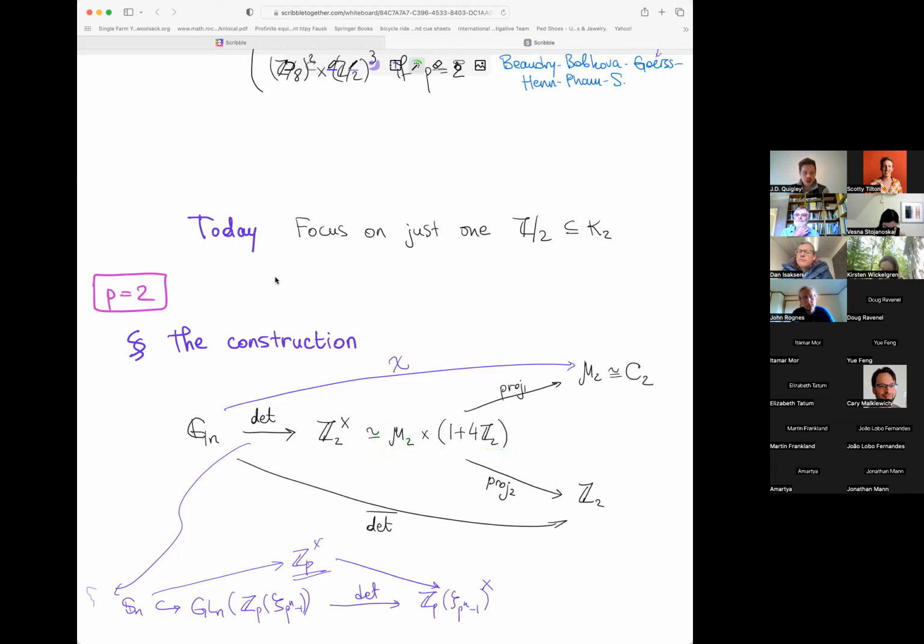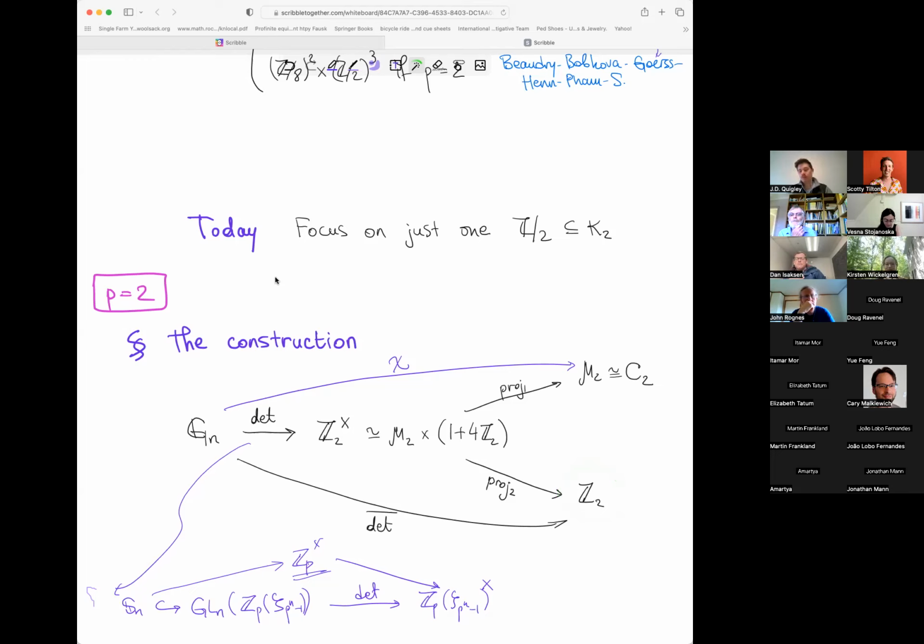So this group splits, and we can look at the two projections. One is to this mu2 or C2, sometimes I'll write that, and the other one is the projection to the second factor, which multiplicatively is the units congruent to 1 mod 4, but there's a two-adic logarithm and exponential map that make that isomorphic to the additive group of the two-adic integers.